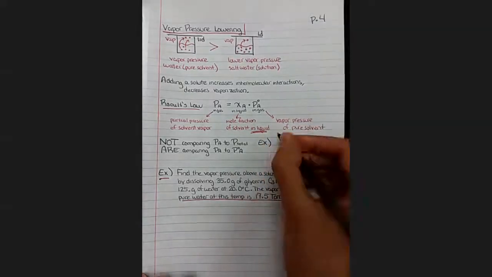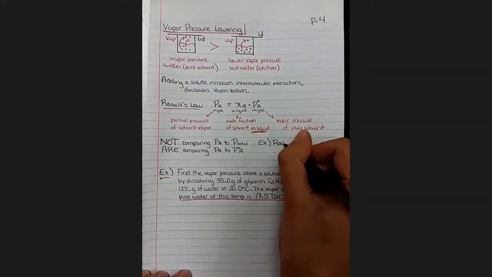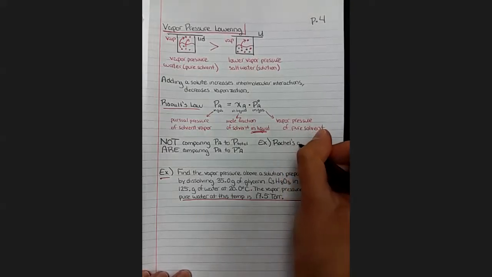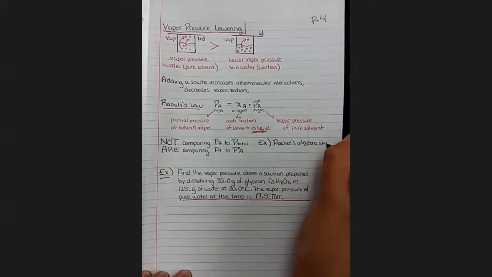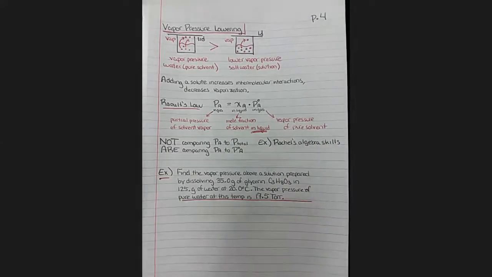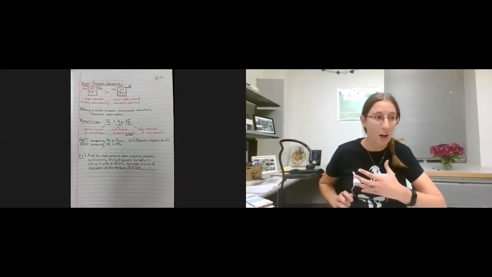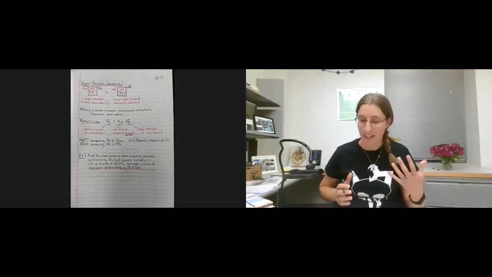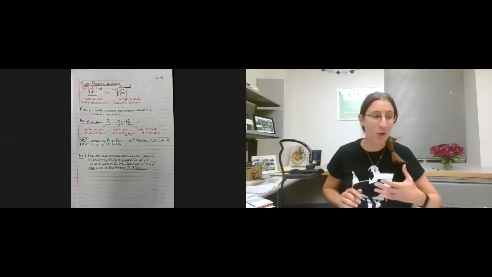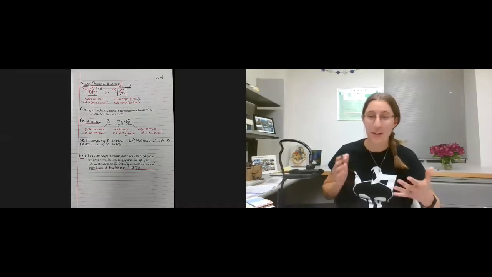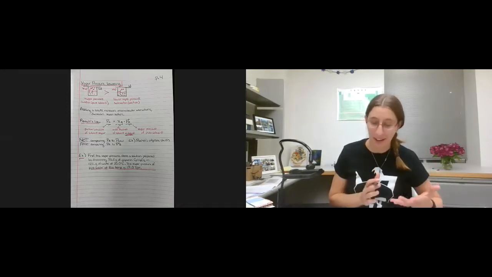And I'll give you an example. And this example is going to be Rachel's algebra skills. So as you may have noticed, Rachel's algebra skills are much better when I am working by myself and I'm not on camera. And when I turn on the camera or when I'm with you together in person, suddenly I am unable to add and multiply numbers.